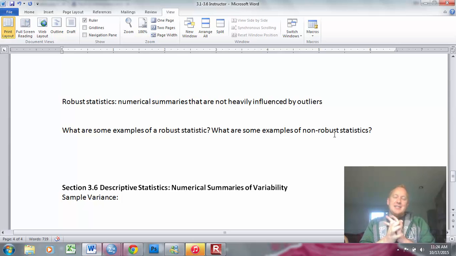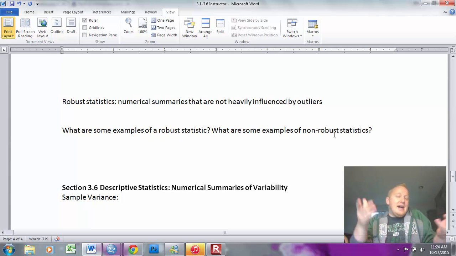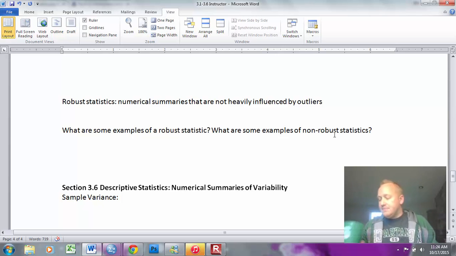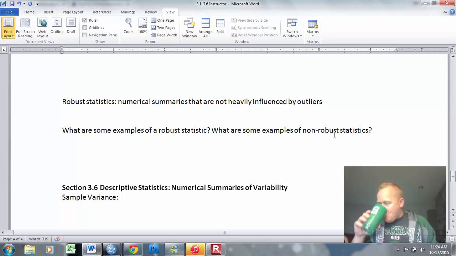Now, robust statistics, this isn't like a specific numerical summary, but rather a group of numerical summaries. And what a robust statistic means is it's not heavily influenced by outliers. It's not greatly impacted if we have extreme values that greatly differ from the rest of the data.